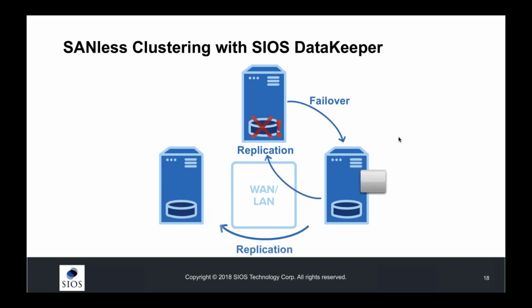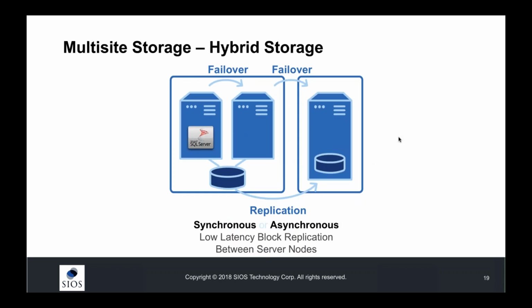So if that failover occurred again, then that replication would follow that application over, and then the failback would be synchronized prior to an actual failback event. So we have multi-site storage and hybrid storage opportunities here also.